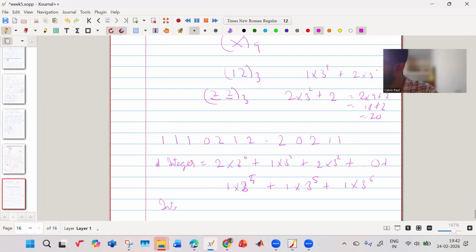So the integer part, when you add it, that is 2 plus 3 plus 9 into 2 is 18, 3 to the power 4 is 81, plus 3 to power 5 is 243, plus 3 to power 6 is 729.